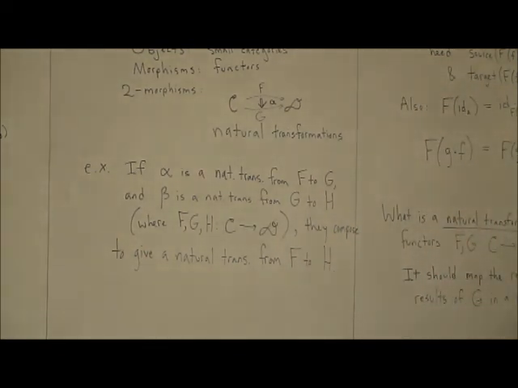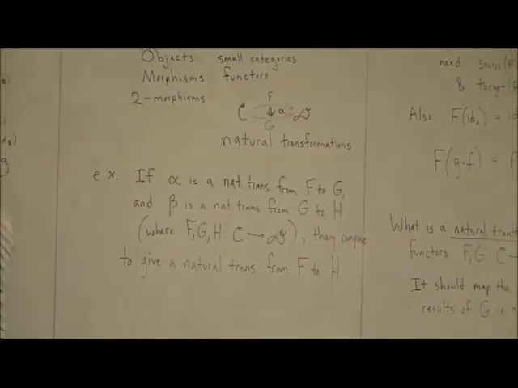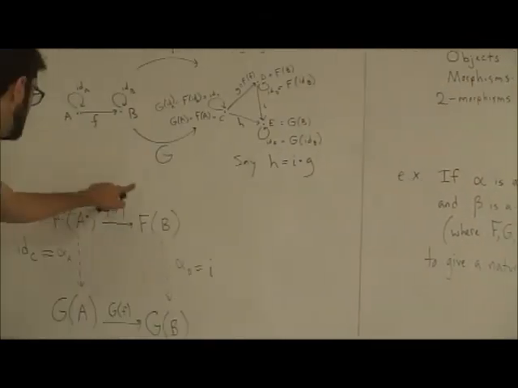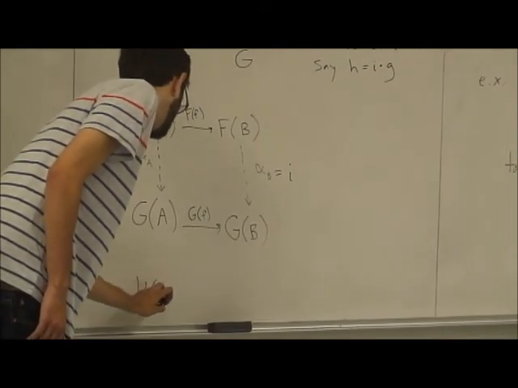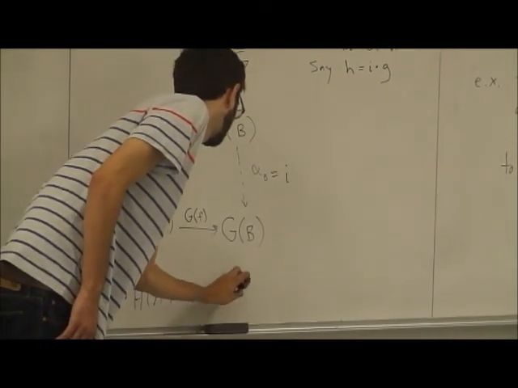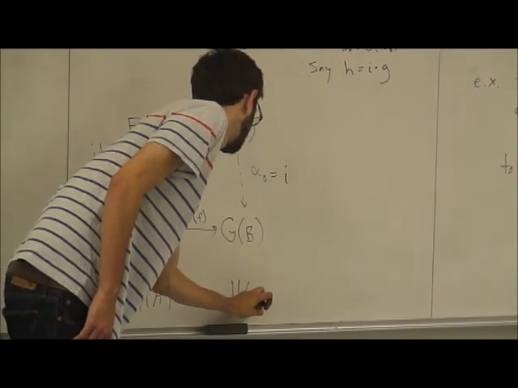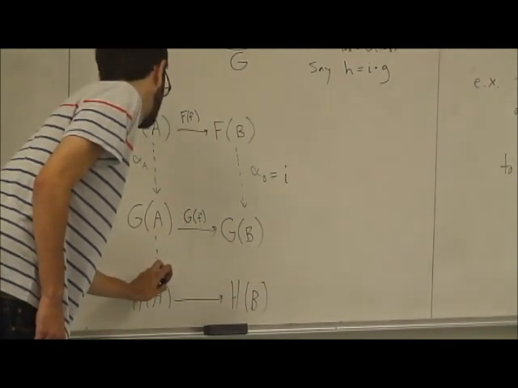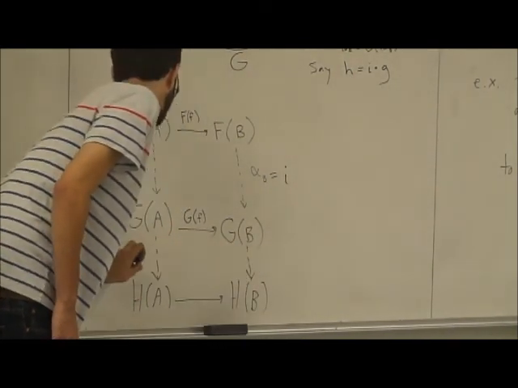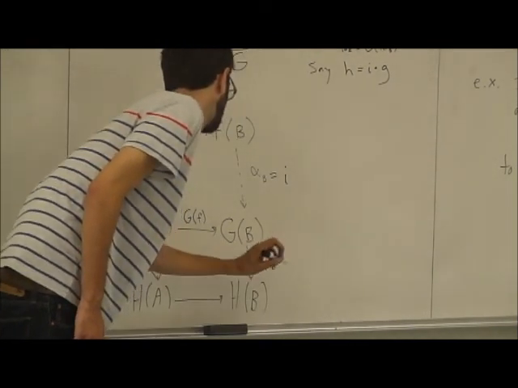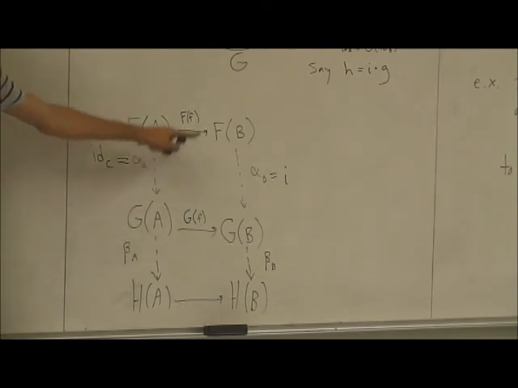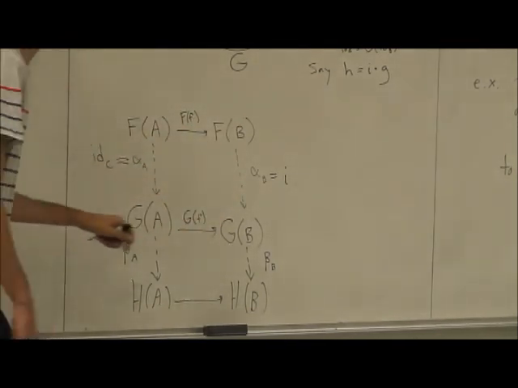Okay, so basically the idea is if you have this natural transformation set up and then another one between G and H, these are the betas, then you can compose the alpha and betas to go all the way across.